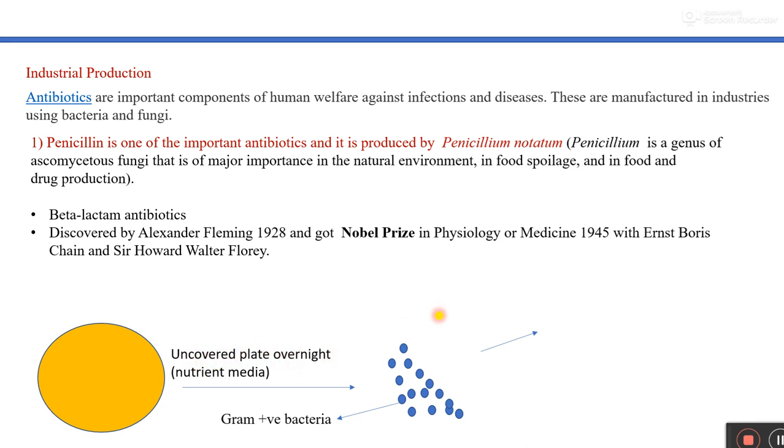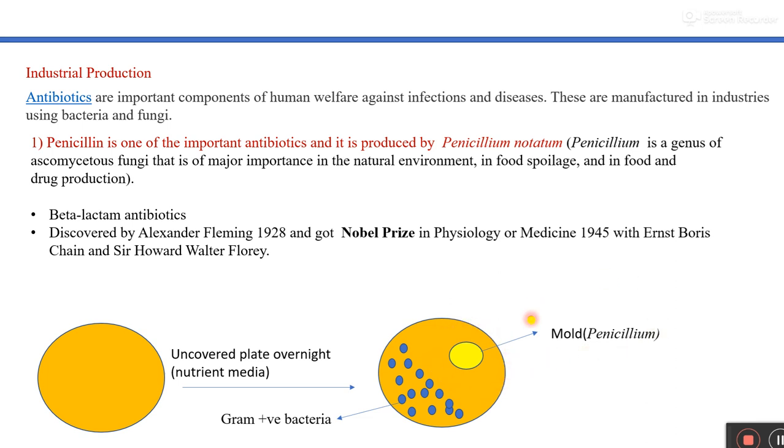And the next day when he noticed the plate, he was surprised to see that on one side he found a lot of gram positive bacterial colonies, but on another side he didn't get any gram positive bacterial colony, but he found the growth of a contamination, and that contamination was a mold of genus Penicillium, and around that mold he didn't find any colony of gram positive bacteria.